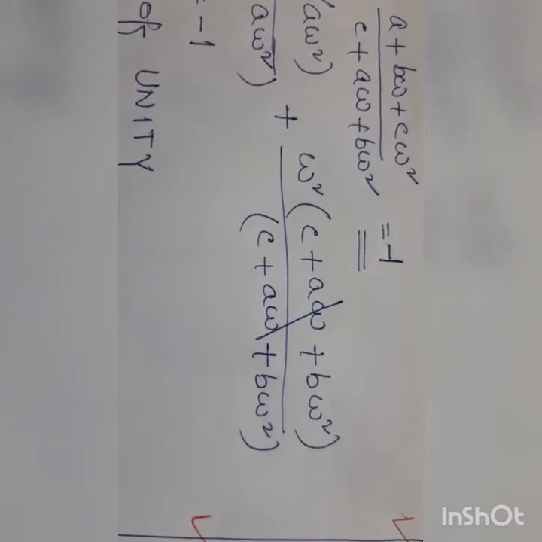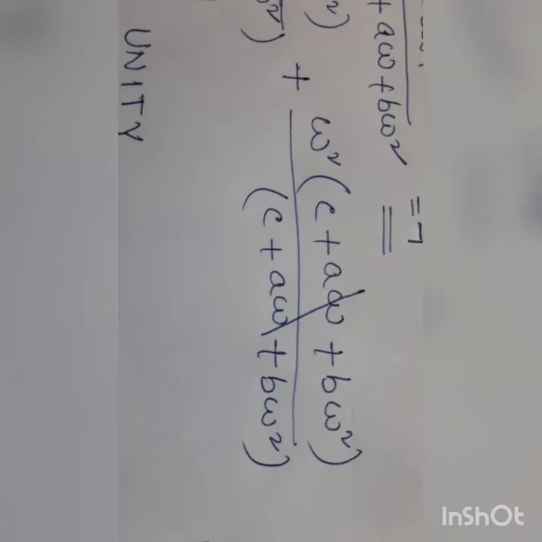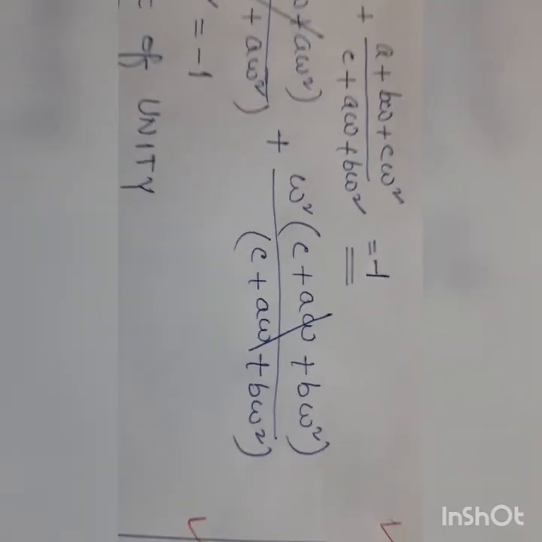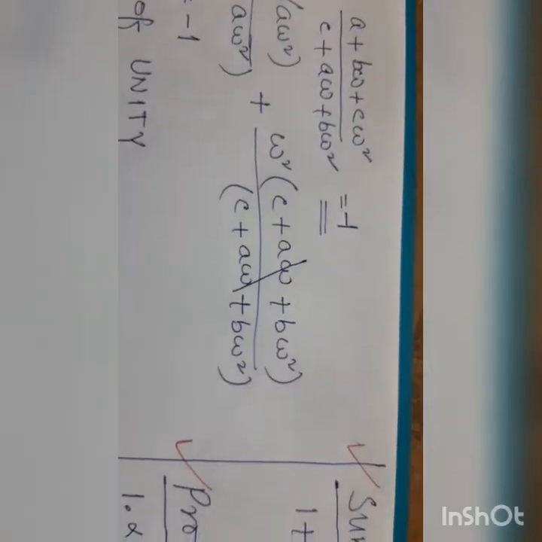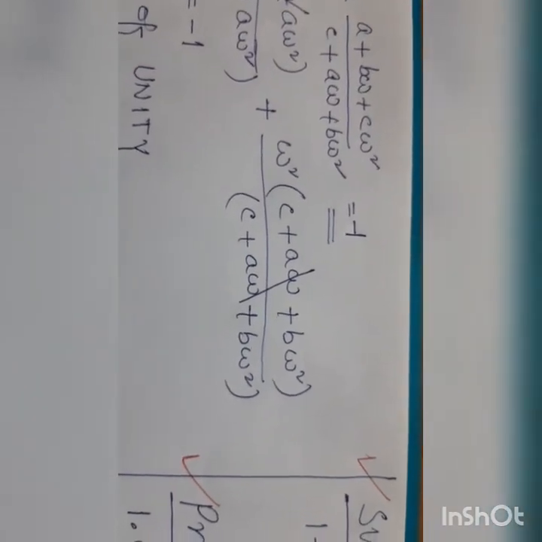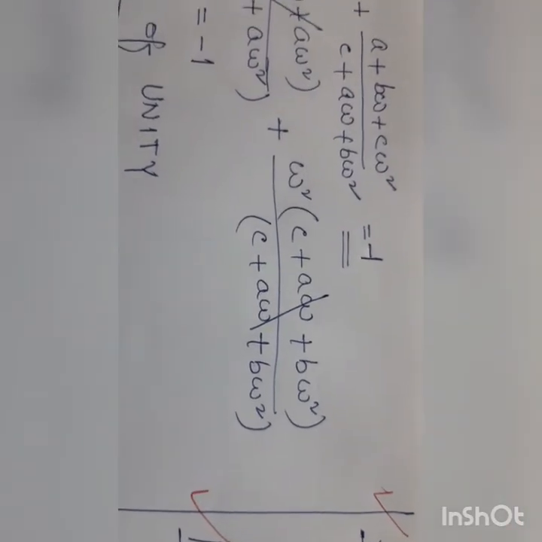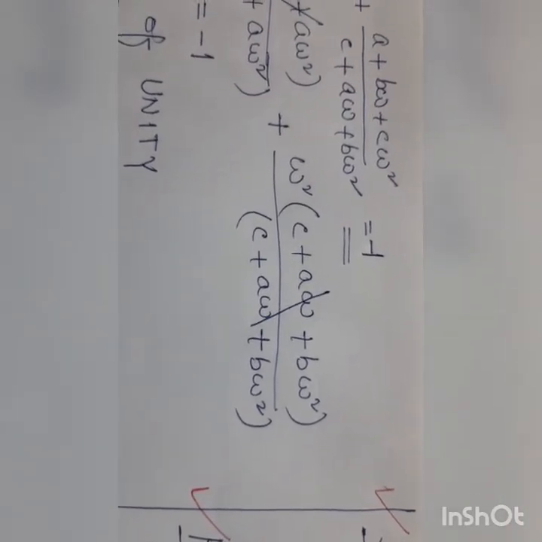B omega power 4 means b omega cube into omega. Omega cube is 1, so b omega is there. Please observe the fourth step. So if you take omega square common, c plus a omega plus b omega square in the numerator, below the same denominator will be there. Get cancelled. Omega square will be left.